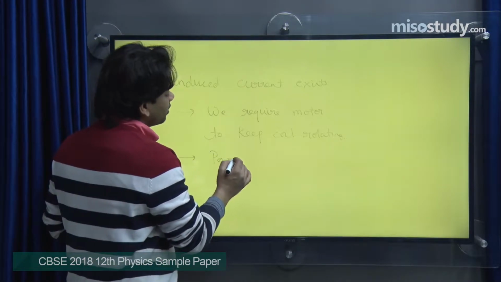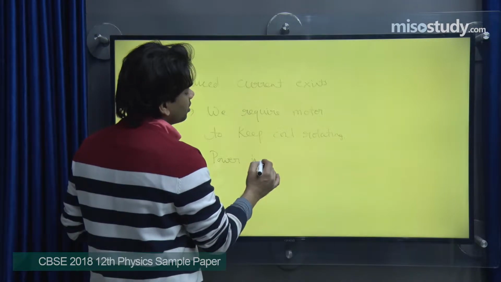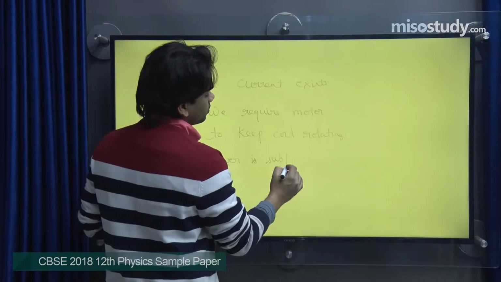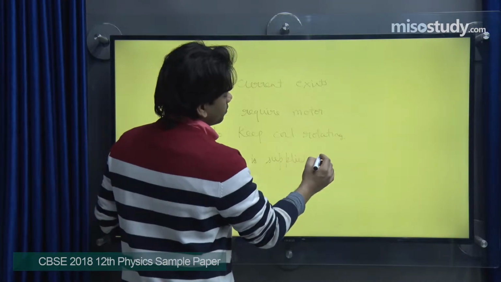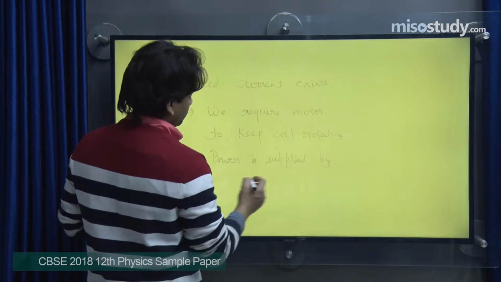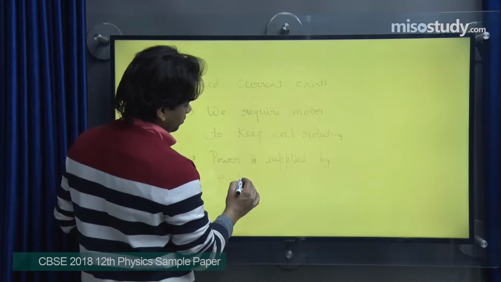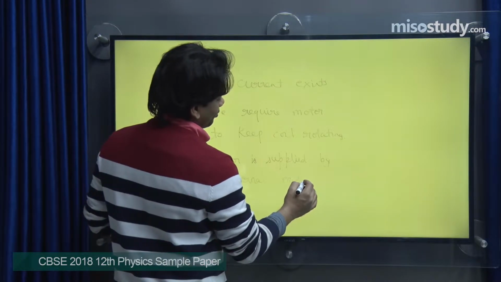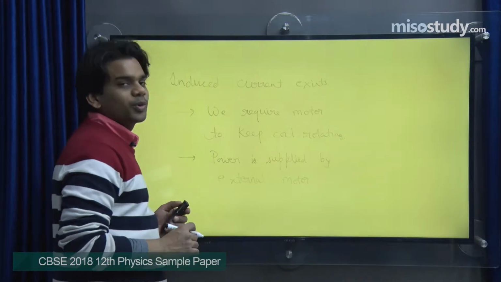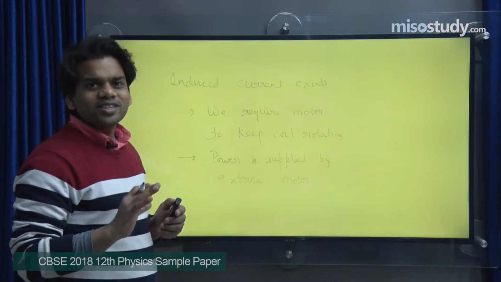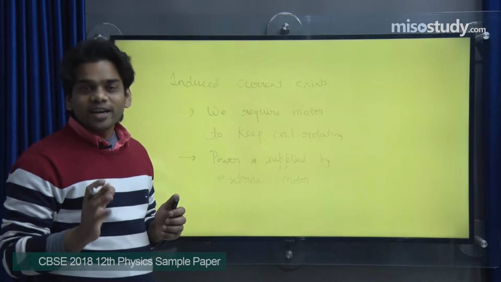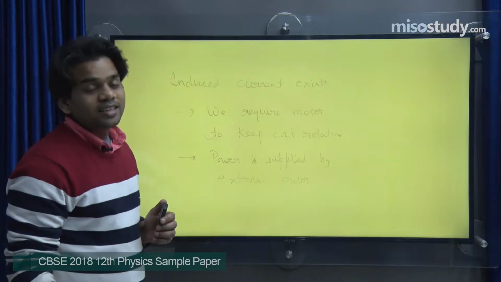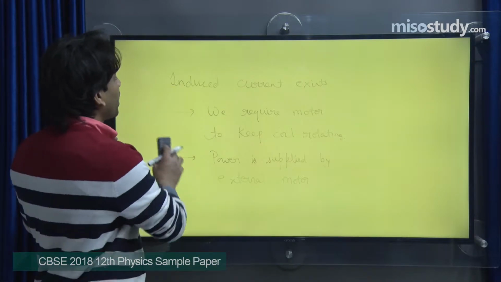So power is supplied by this external motor. This is how you have to see it: the induced current tries to resist the rotation of the coil, and to keep it rotating we require an external motor, and that gives the power required.